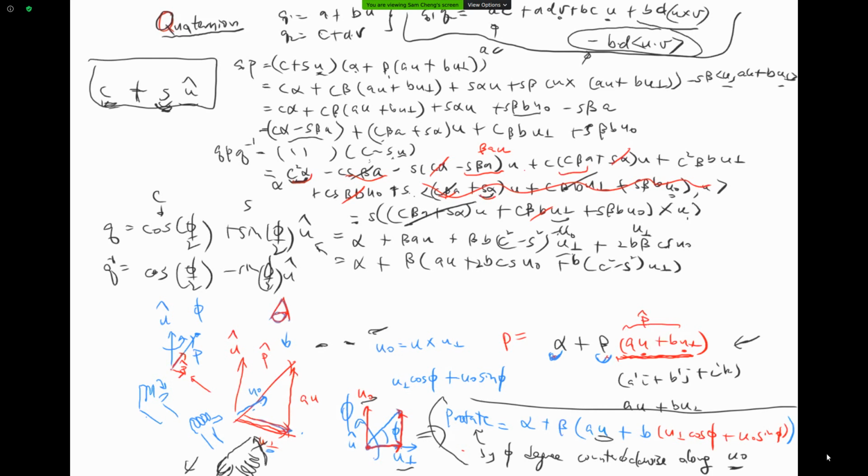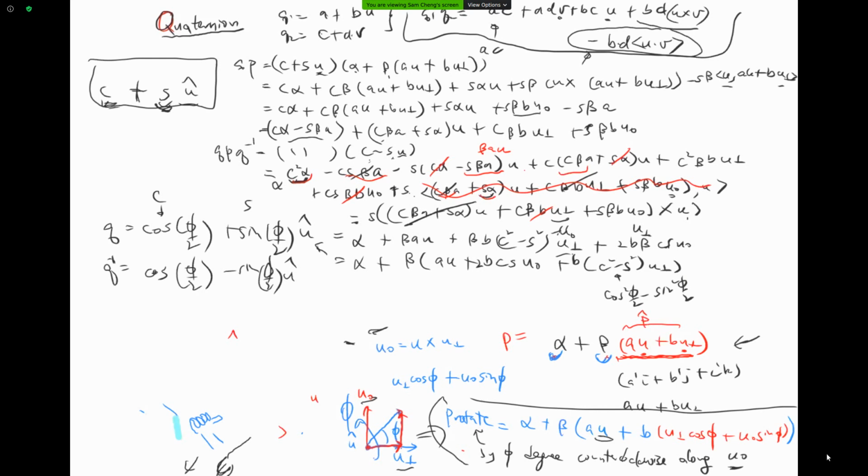And then of course you see this is just cosine square phi over 2 minus sine square phi over 2. And if you still remember some of this trigonometry identity, we have cosine of alpha plus beta, or I can think of it like that.